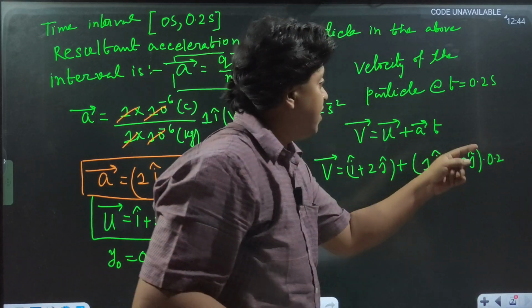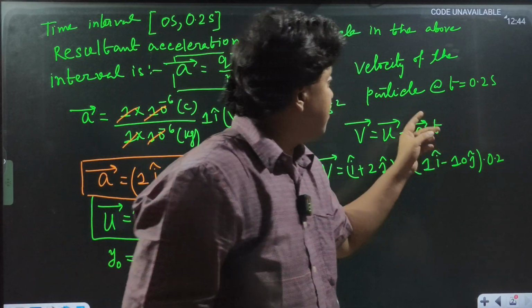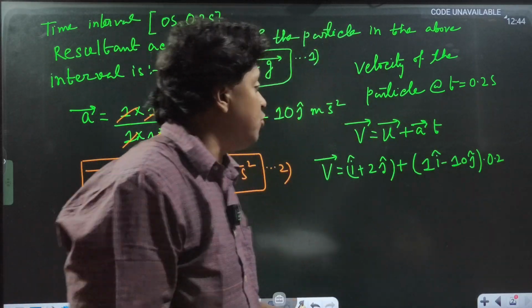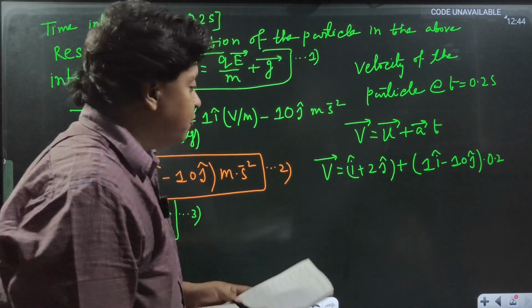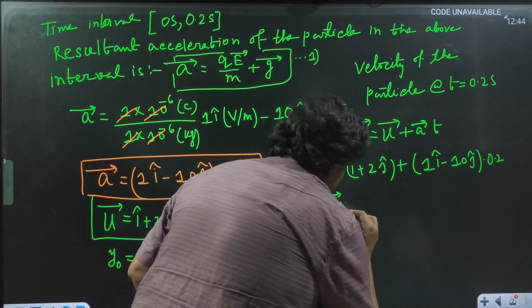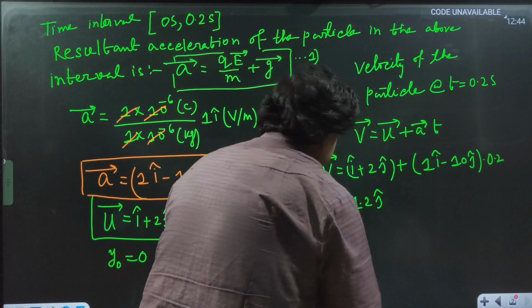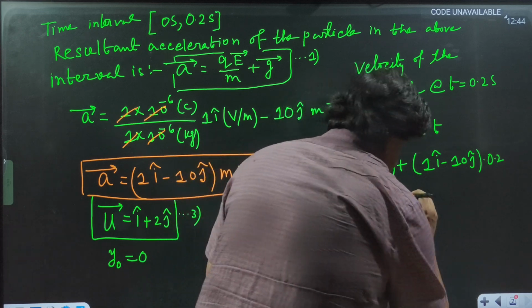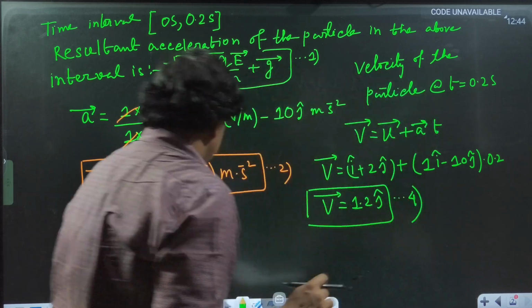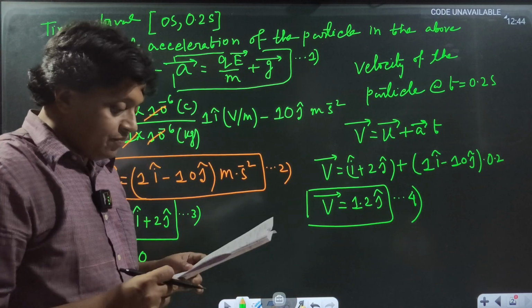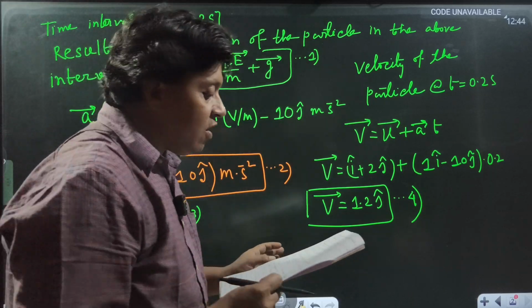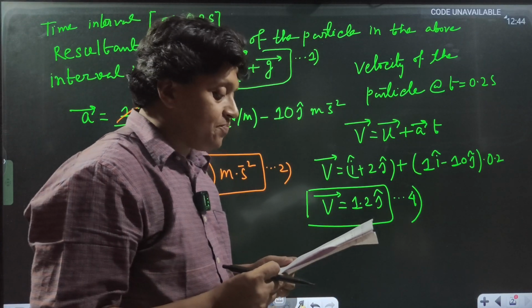See, in place of t, we have put 0.2 second because we are calculating the velocity of the particle at t equal to 0.2 second. So, if we simplify this, we should be able to get very easily, without any doubt, that v vector is equal to 1.2 j cap. The x components cancel each other out. So, the final velocity of the particle is along y direction.